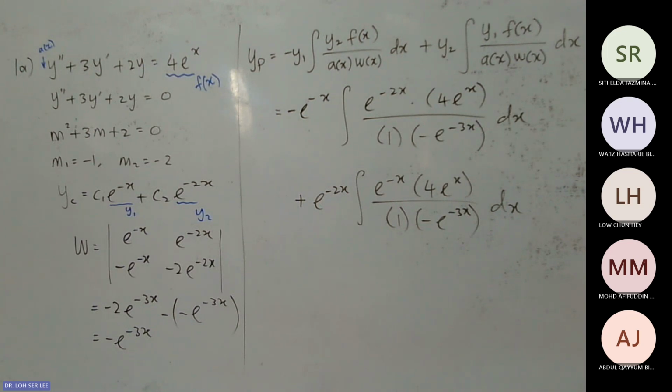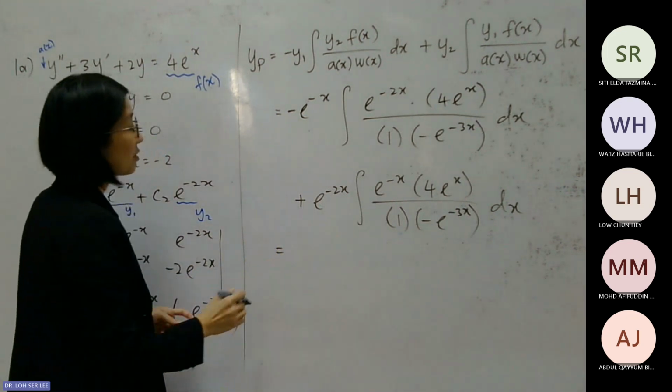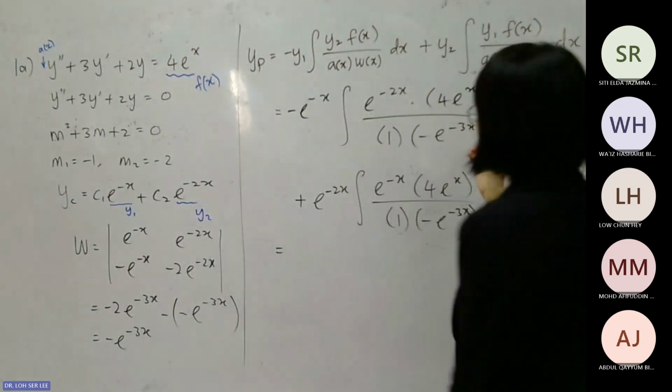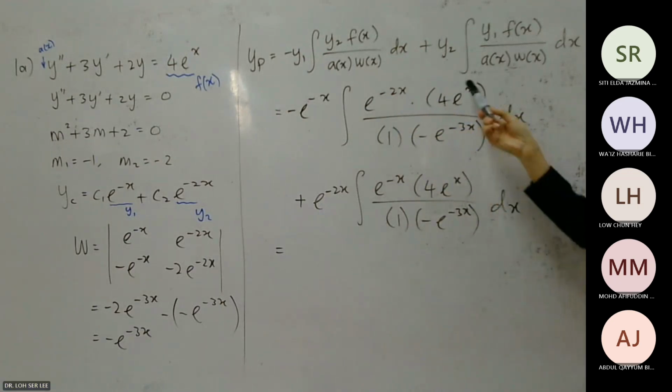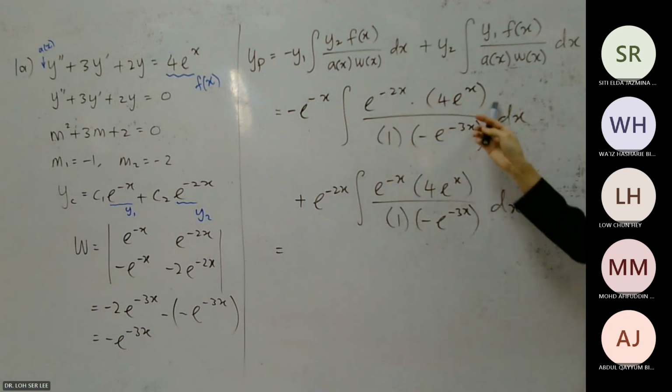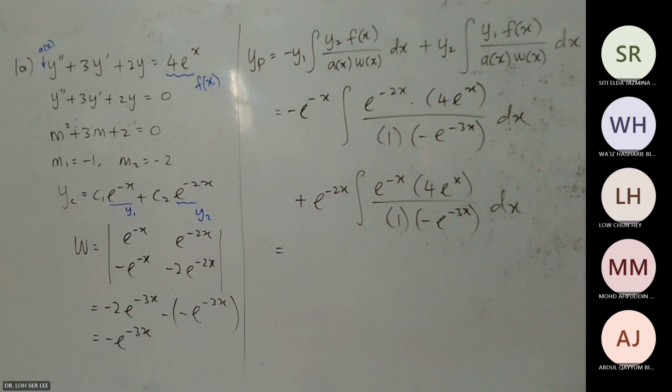Before we integrate, you need to simplify. So what is the constant that you can factorize from here? Negative 4.